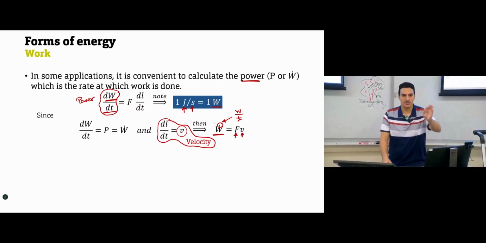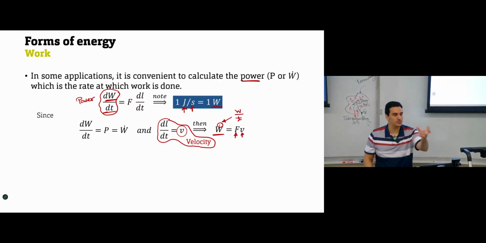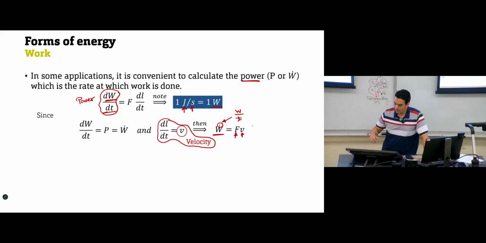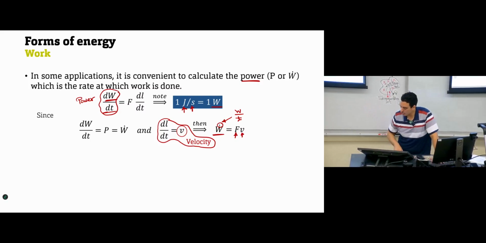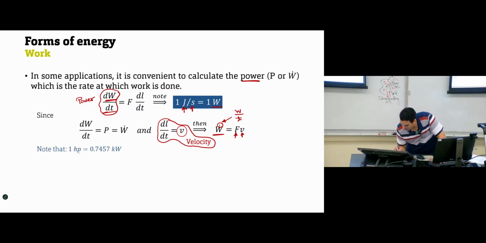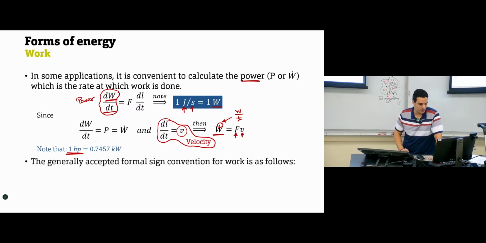Any dot you see in this course means that property divided by time. So work is force times distance, and power is force times velocity. And one of the units you can see in a lot of textbooks and courses to express power is horsepower.